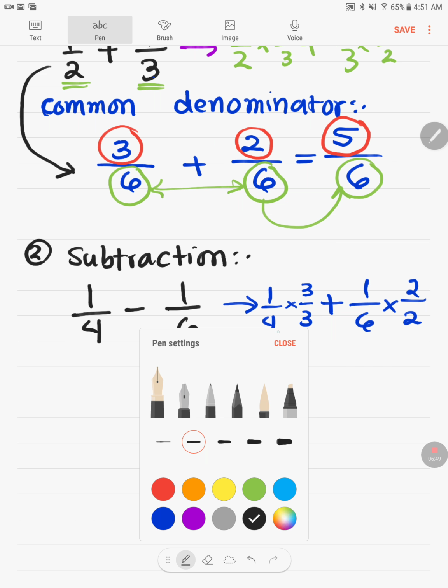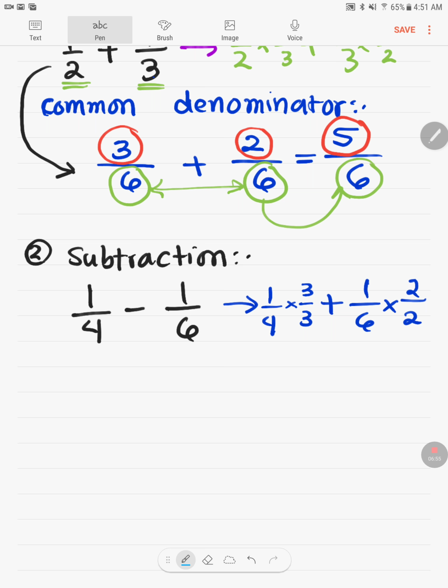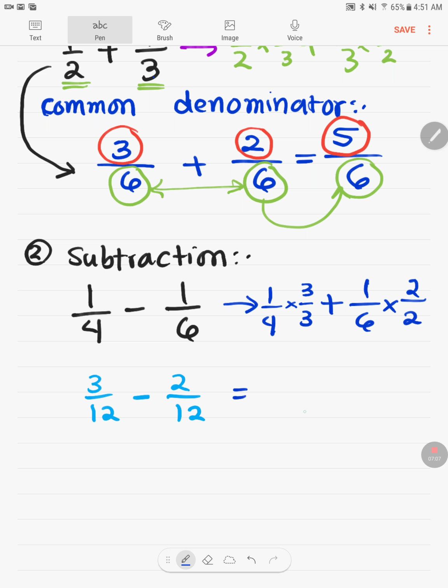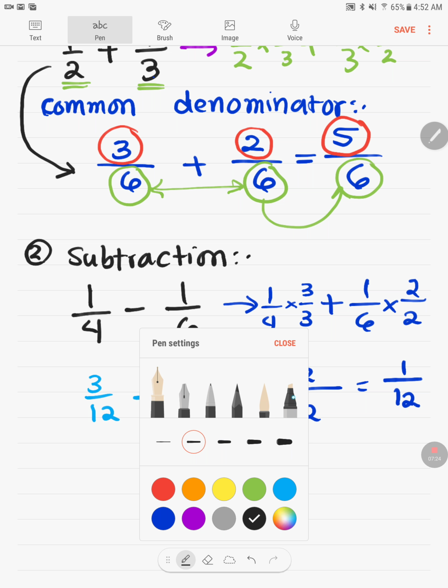And therefore, this expression could be transformed into 3/12 minus 2/12, and therefore it's equal to, we take the common denominator and we do a simple subtraction. 3 minus 2, we get 1/12, and this is the correct answer for this problem.